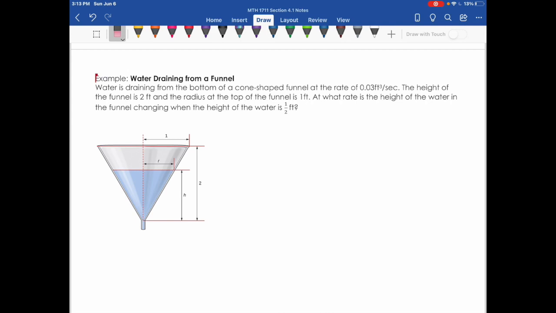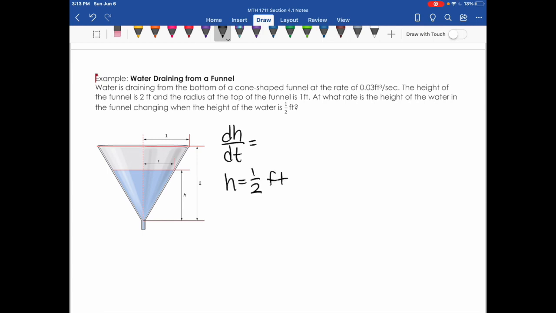So you can see from the picture that I got from the textbook, the variables that are changing are already labeled for us. So when we go to step 2, we need to figure out the variables that we know and the variables that we need to determine. And the question is asking us to find the rate of the height. So that's going to be dH/dt, the rate of the height with respect to time.